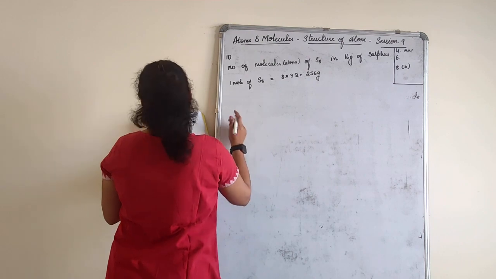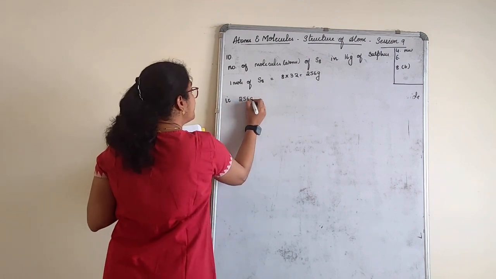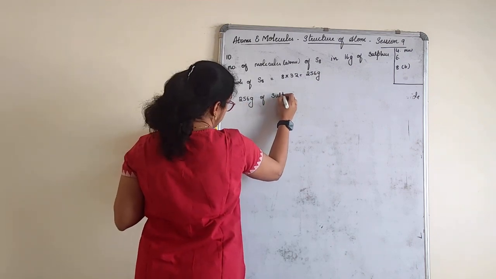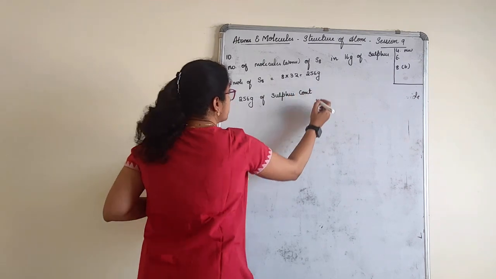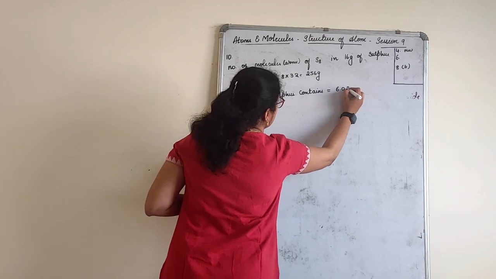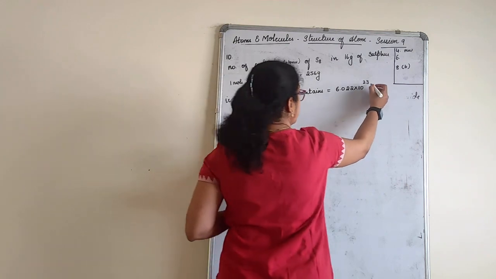Now, 256 grams of sulfur contains 6.022 into 10 raised to 23 molecules, right?